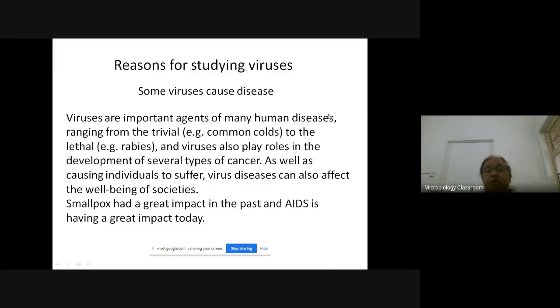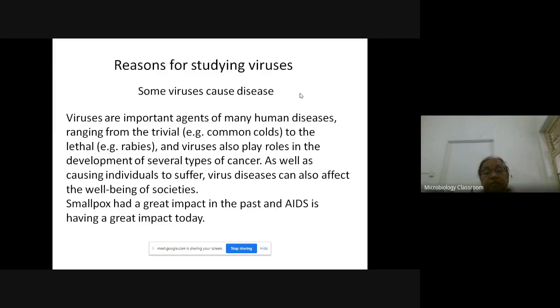So the first point here is that some viruses cause disease. The word some is important. It itself says that all the viruses do not cause diseases. So some viruses cause diseases.